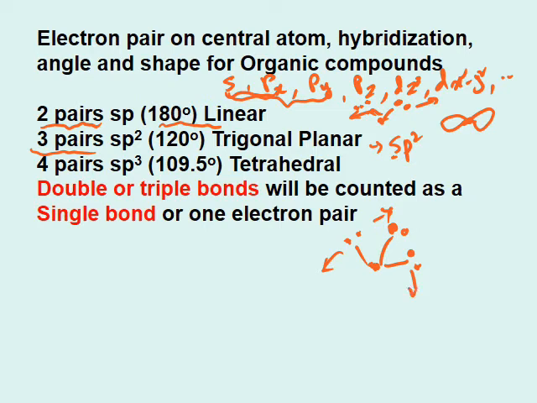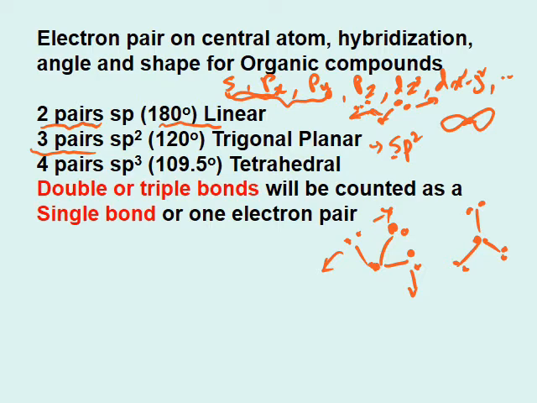So the best shape, you can quickly figure out, would be like this, when they're farthest from each other and about 120 degrees from each other. So this is going to be the best orientation or shape of these hybrid orbitals with three pairs of electrons.